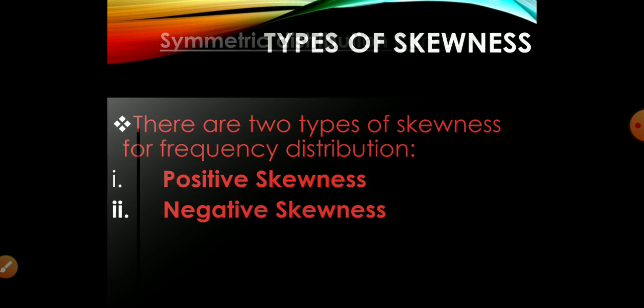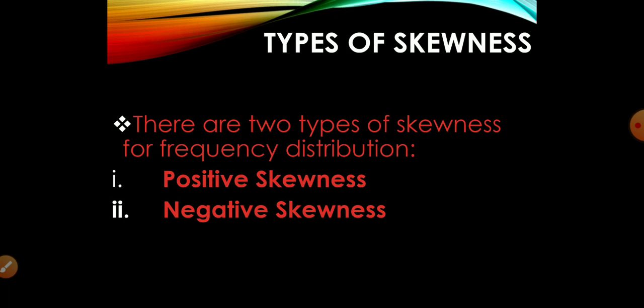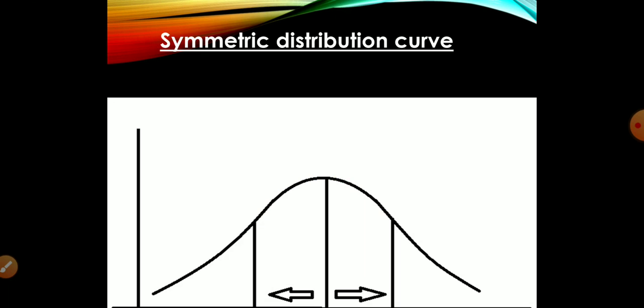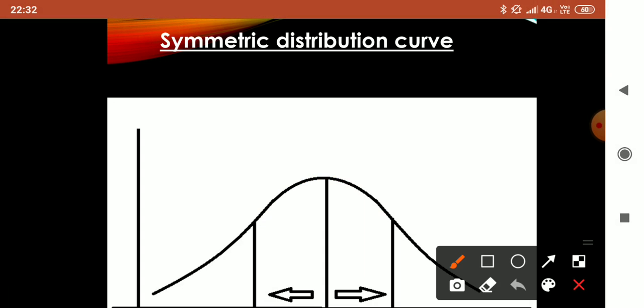Next, there are two types of skewness: positive skewness and negative skewness. Before that, we have learned what is symmetric. This is symmetric, and the lack of symmetry is known as skewness. That means if this side and this side are not equal. See, here both are equal, right?